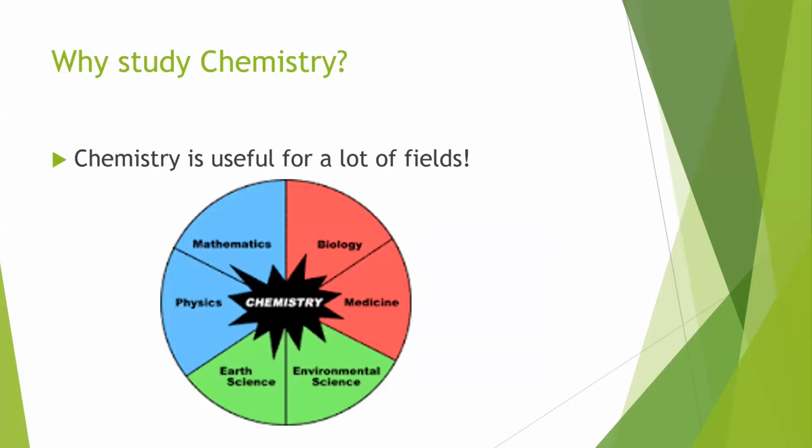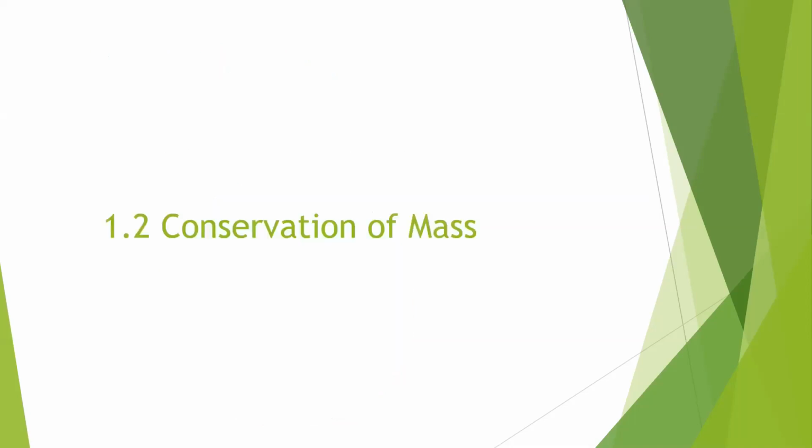It's related to biology and medicine through drugs and pharmaceuticals and understanding how the reactions occur. And with math and physics, it looks at the definition of an atom, and they use mathematics to define an atom. But we won't get into that in this course.